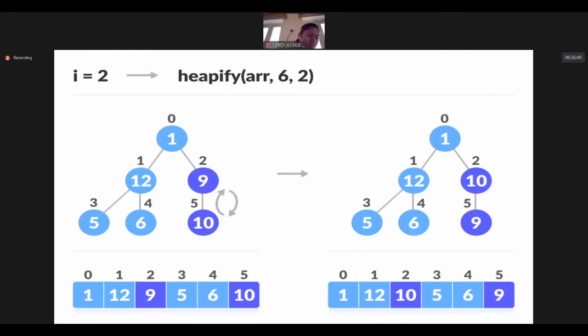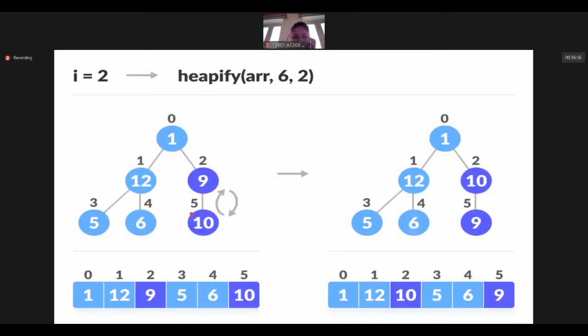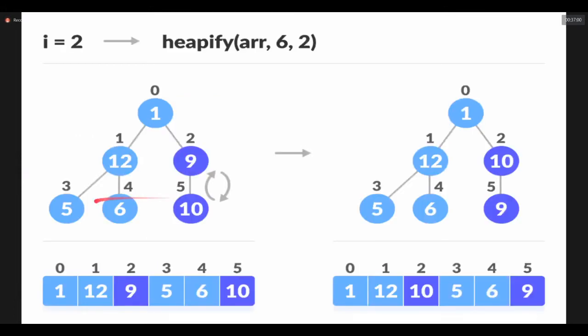Okay, see the example. The given tree is 1, 12, 9, 5, 6, 10, the array representation of the tree. So the heapify process starts at 9.